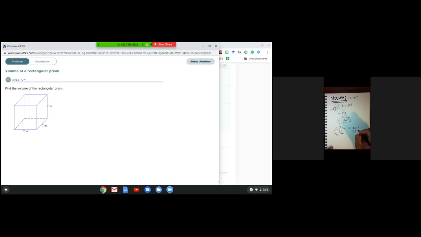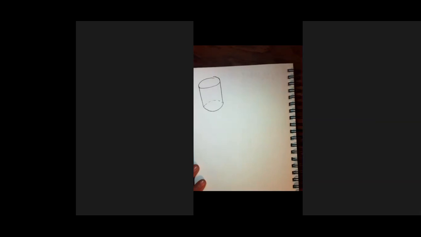So 7 times 7 times 7. 7 times 7 is 49, times 7. Using my calculator, it's 343. 343 is the volume. The units are inches cubed. That is the volume of a rectangular prism.